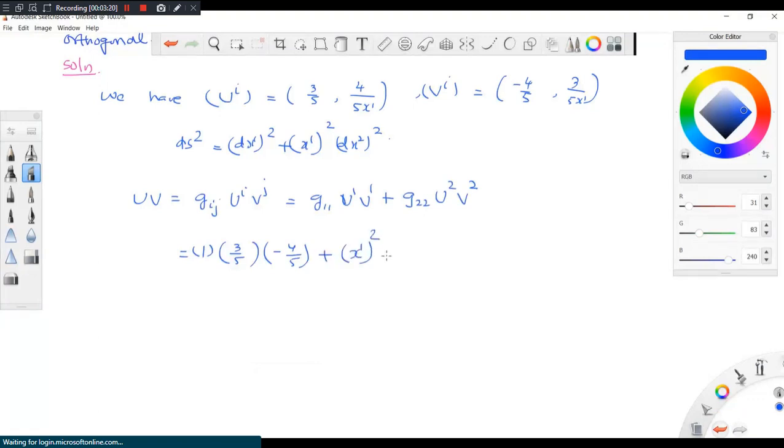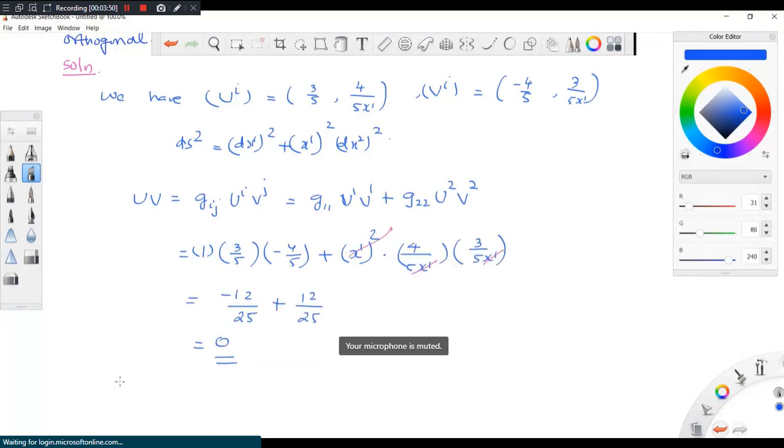U2 is 4 divided by 5x1, into V2 means 3 divided by 5x1. Okay, so this x1 and x1 cancel with this x1 square. So this is nothing but minus 12 divided by 25 plus 12 divided by 25, which is equal to 0.